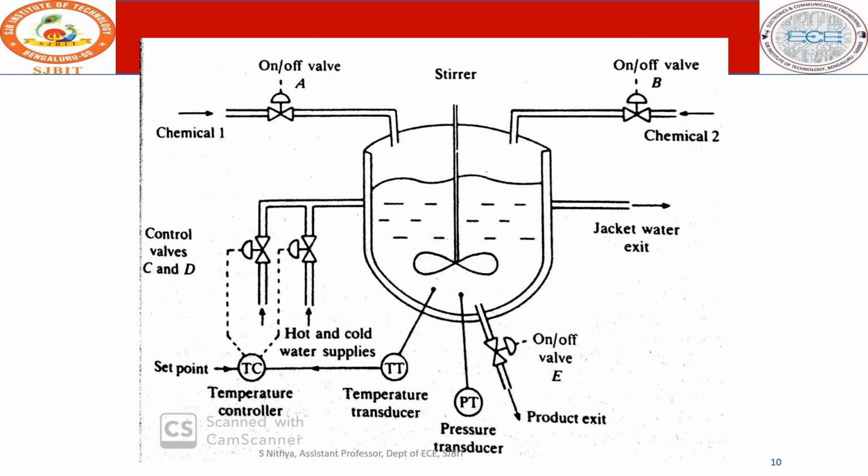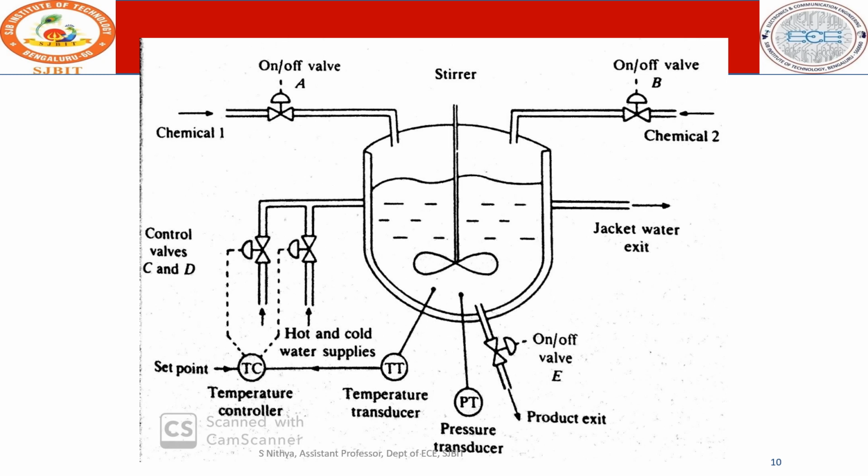This is the diagram which shows the chemical reactor vessel. A chemical is produced by the reaction of the two other chemicals, chemical 1 and chemical 2, which are mixed at a specific temperature.